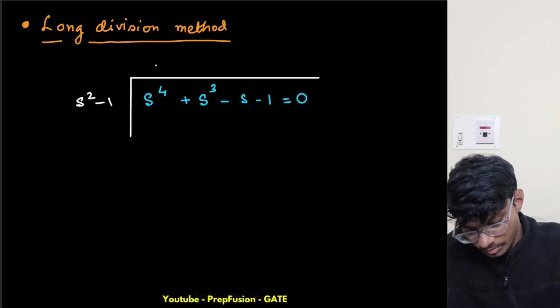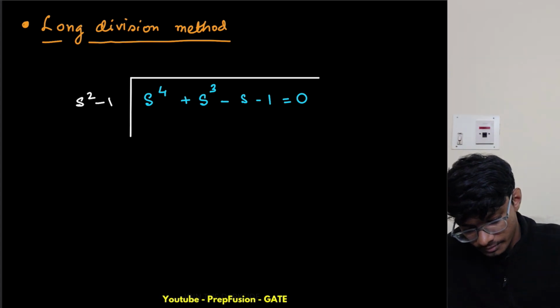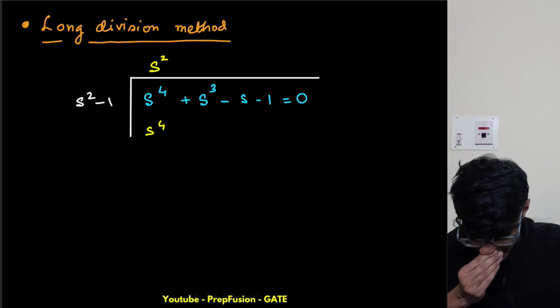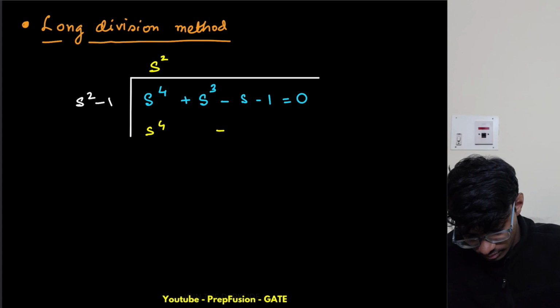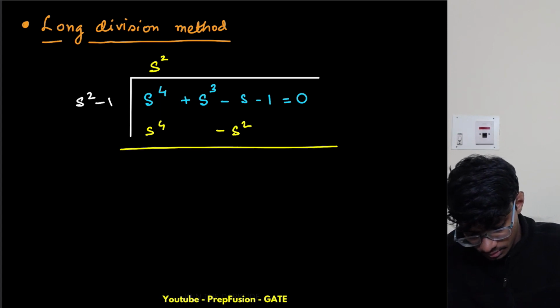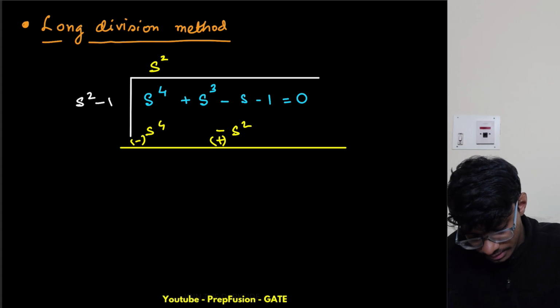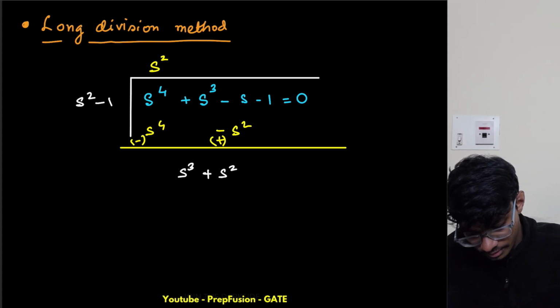First I will multiply by s square to get the highest coefficient out of the picture. So this will be s to the power 4, and I don't have s square anyway, so I will just write s square over here. This one will be minus and this one will be plus. So what do I get? I get 0, then s cube, plus s square, minus s, minus 1.